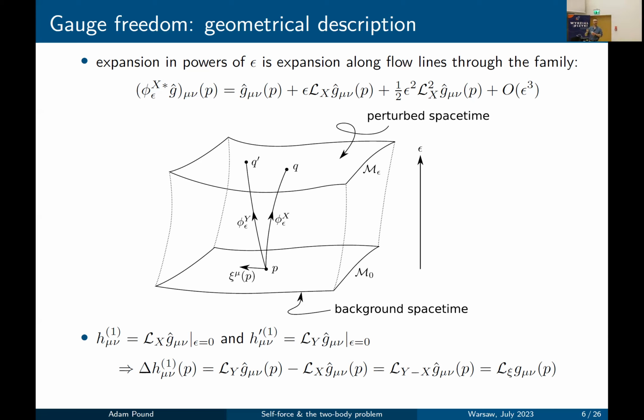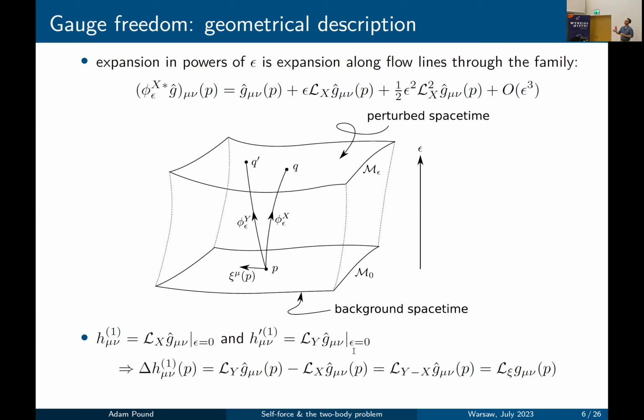So it's the Lie derivative along that curve going up. Choosing a different gauge means you're just choosing a different path up through this family of manifolds. And so then this is generated by a new vector, y. So in my new gauge, my linear perturbation, H1, is a derivative along this new vector, y, going up to this new point, Q prime.